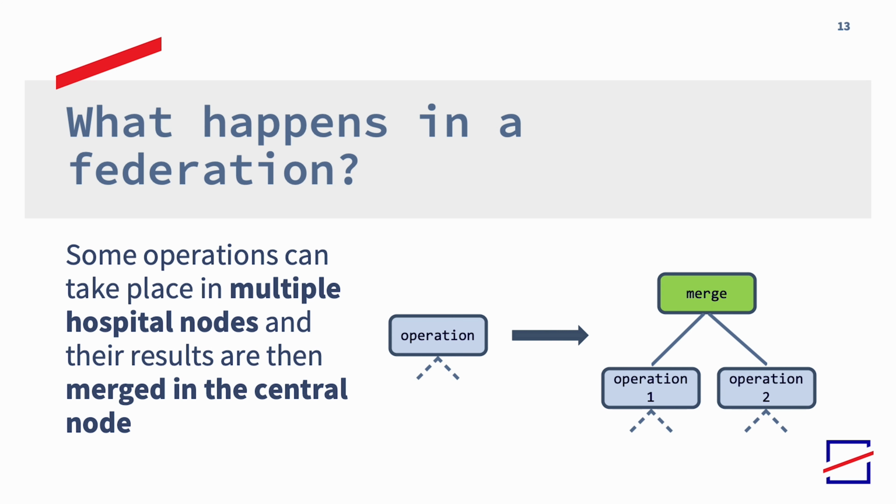This merge operation, which is the new box we have introduced here, the green box, is usually just a sum of the local results, but it can be other things also in a more general case. So this is the substitution we have to make on certain nodes in order to go from the non-federated to the federated case.